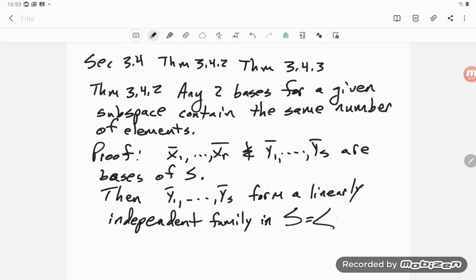Okay, so we've got our x1 here up to our xr. So S, we know it's the span of the other vectors because they're a basis for it.